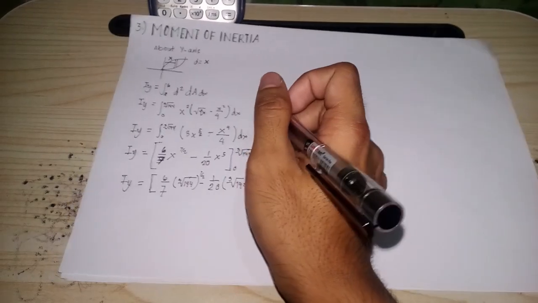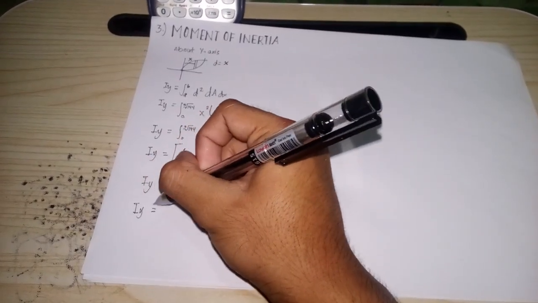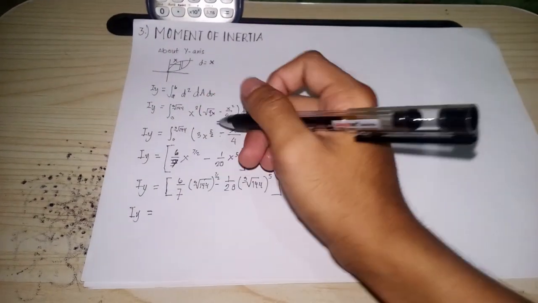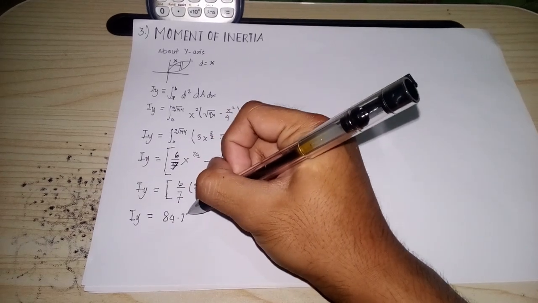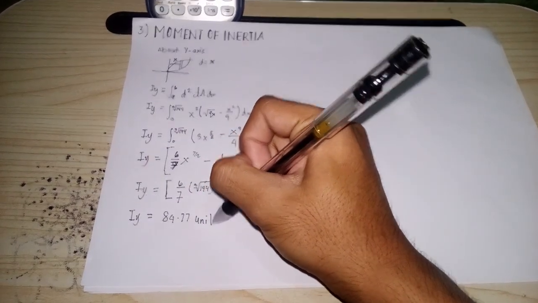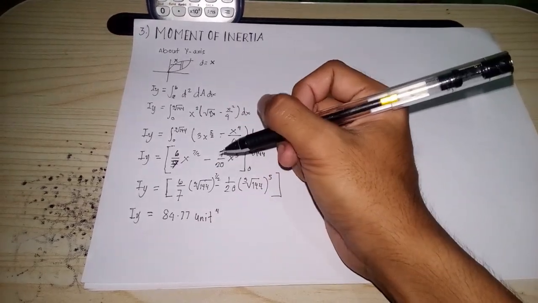So we just need to calculate this, and if we calculate this using our scientific calculator, then we should get the answer 84.77 unit raised to 4. So this here represents a length unit.